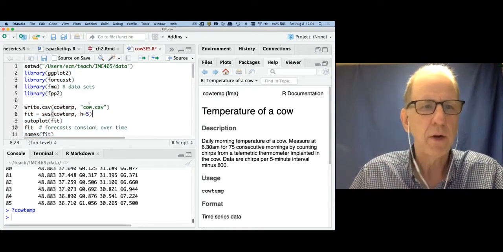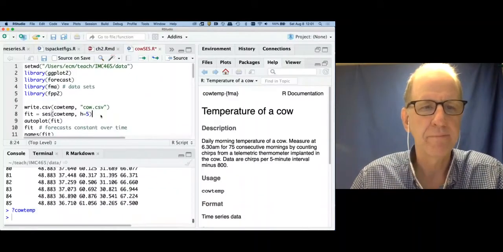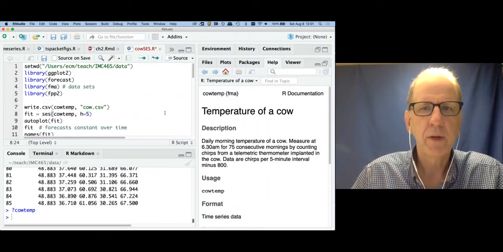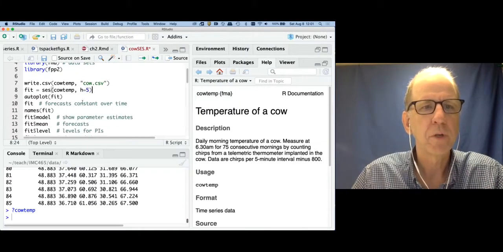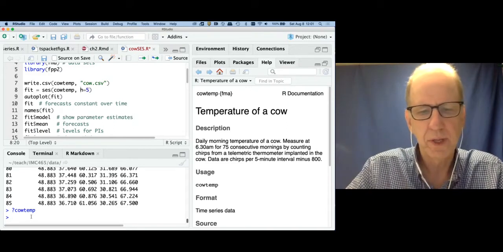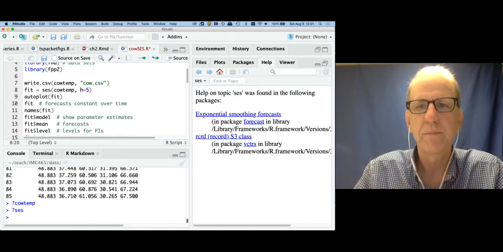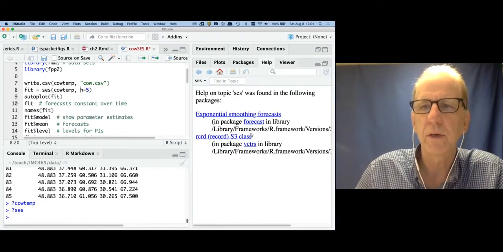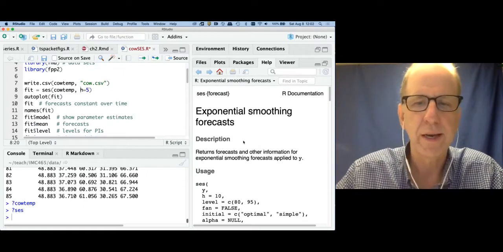So you have my R code in the packet, but I thought I would just do this live in R. To get a simple exponential smoothing model, make sure you've loaded the forecast library, which gives us a function ses.